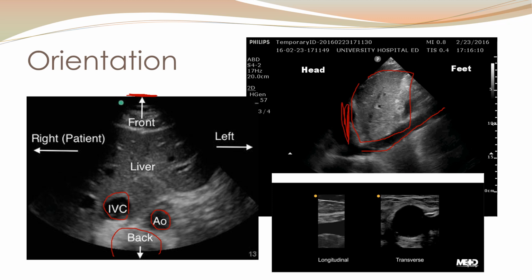And so everything that I have now turned to a longitudinal view, the left of my screen would be towards my patient's head, where the right of the screen would be towards their feet. Top of the screen, again, I can tell that I'm accessing this from the substernal area. So this would be sternal region. Back here we would see the spine if we were to go deep enough.